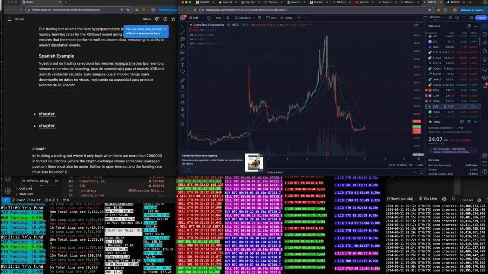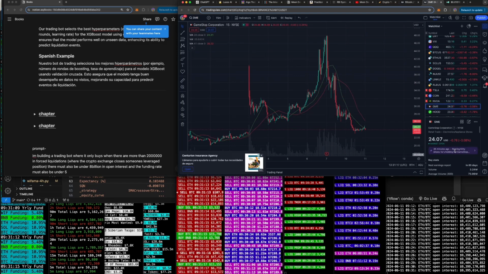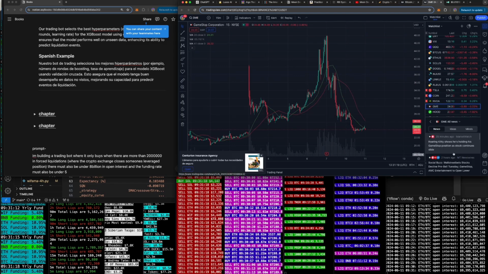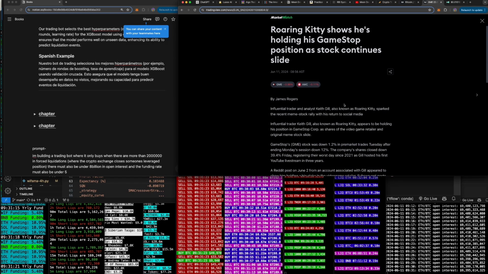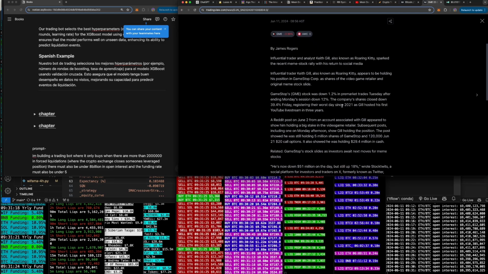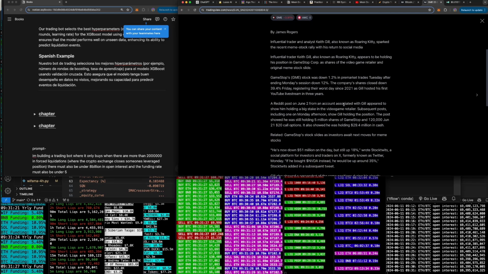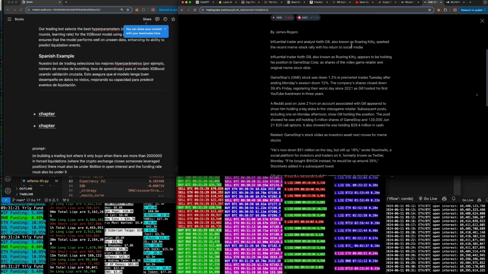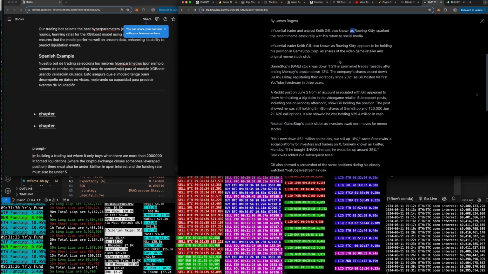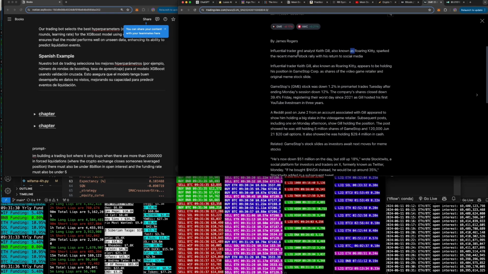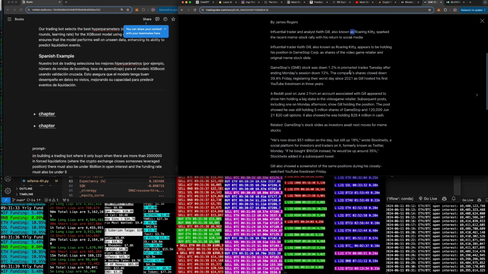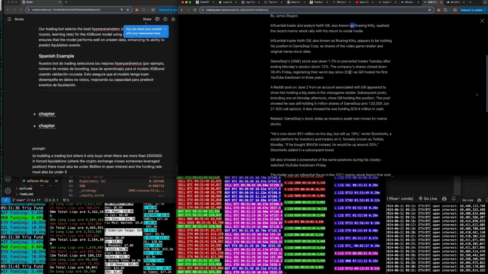GameStop. That GameStop saga. Roaring Kitty shows he's holding his GameStop position as stock continues to slide. I guess you can't really sell that position though. If you're watching this later, Roaring Kitty was talking big game, and he's holding a $100 million, $300 million position at least. Influential trader and analyst Keith Gill, also known as Roaring Kitty, sparked the recent meme stock.